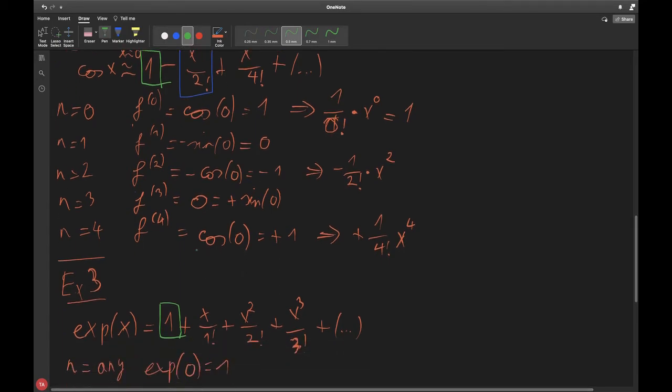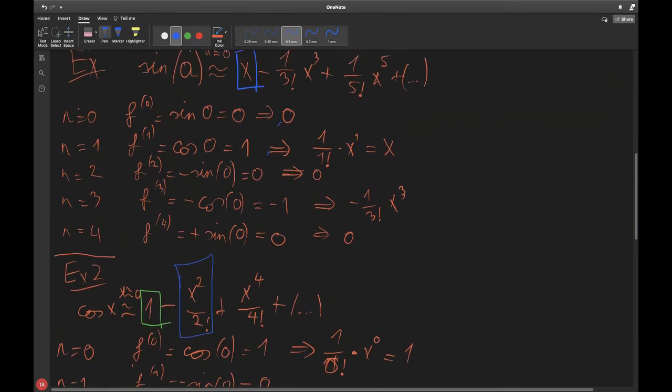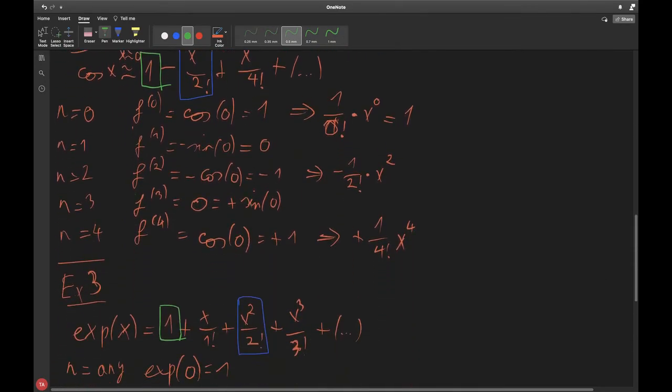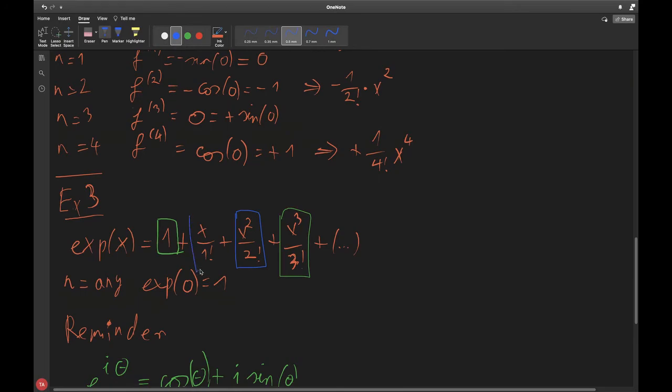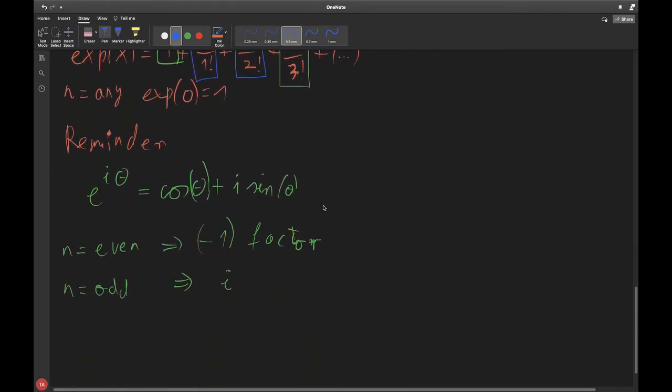That's the same as this term, and then the cubic term is coming from the sine. So with this Taylor expansion, we showed that this is indeed true.